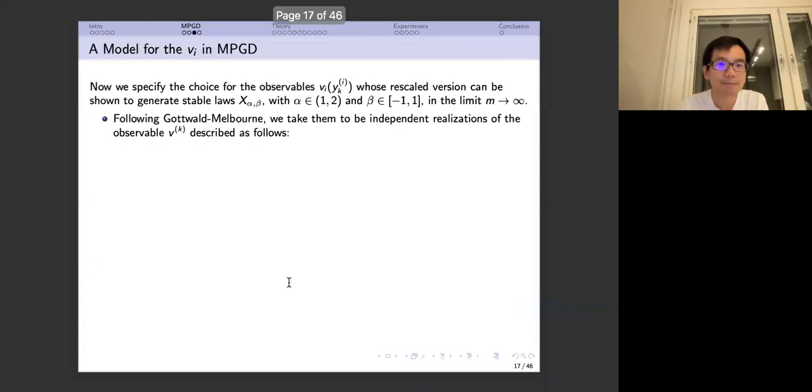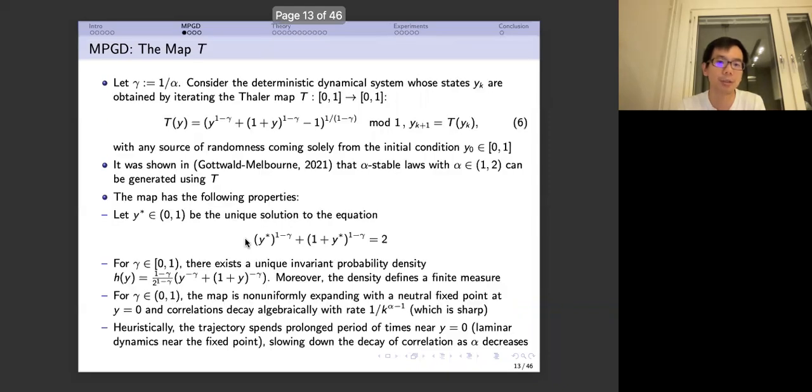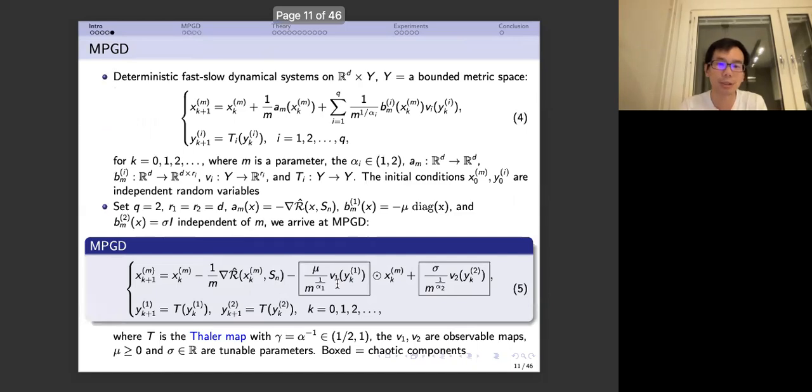All right. So we introduced the map T just now. This is a Taylor map. And then how about V? We introduce V, the observable, because remember that V in MPGD depends on Y, which is generated by a Taylor map.